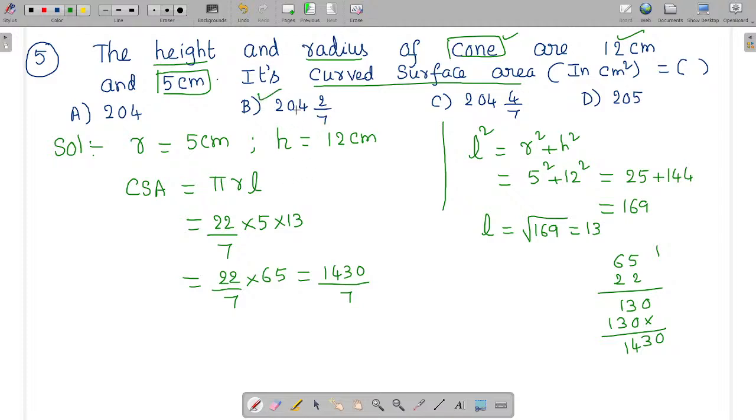Yes, this will be the answer. This can be written as 7 2s are 14, 7 4s are 28, and the remainder is 2, so 204 2/7. So that means B is the right option. Yes, absolutely correct.